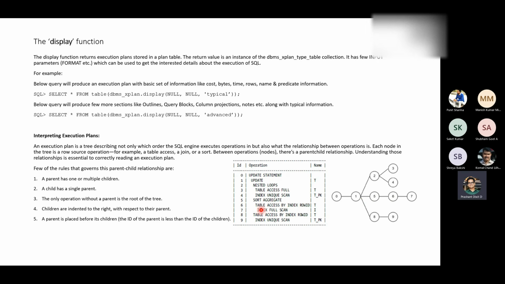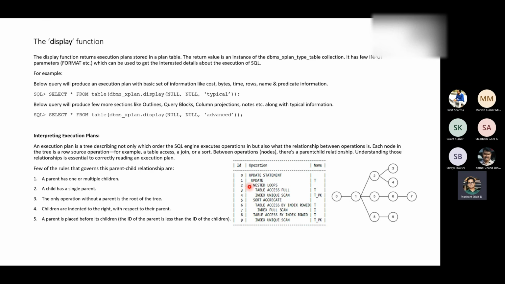The next operation or access path is index full scan, with a little change in the indentation, which means this finally becomes the child of operation 6. So we have a new node added, ID 7, for 6. Next is table access by index rowid at ID 8, and the nested loop, sort aggregate and this operation at ID 8 are all at the same level or indentation.